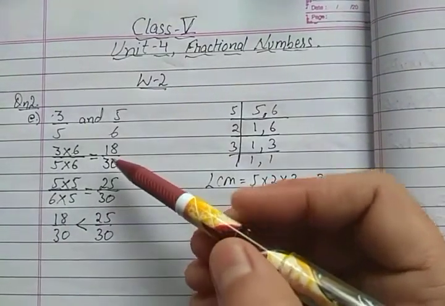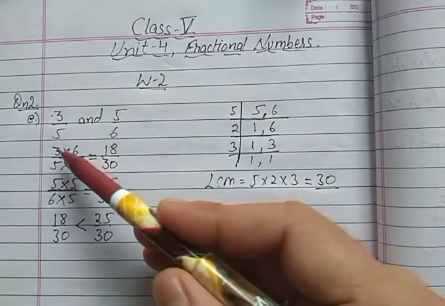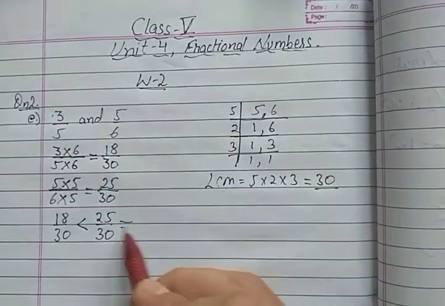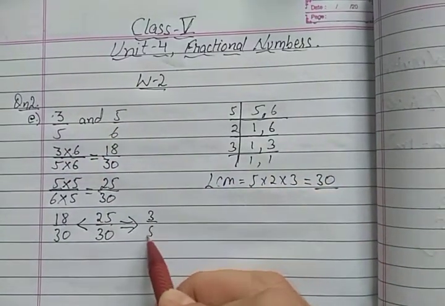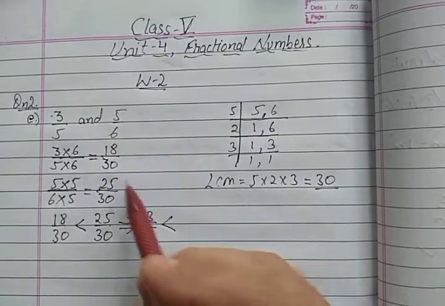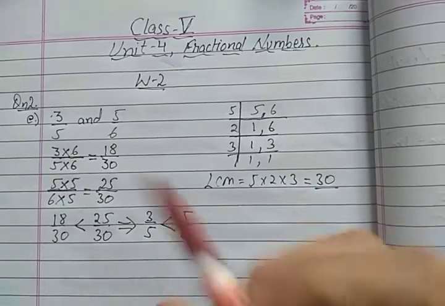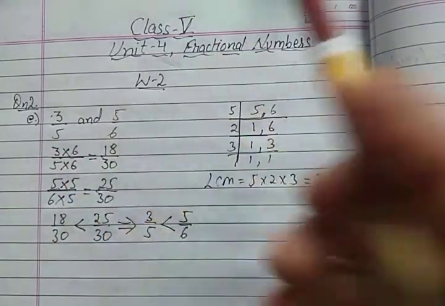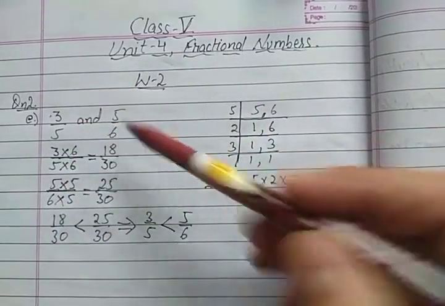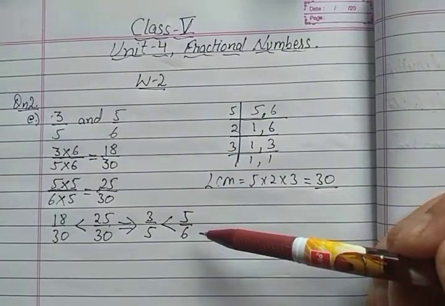Now what was 18 upon 30 made from? From 3 upon 5. So we can write 3 upon 5 is less than 5 upon 6, from which 25 upon 30 was made, because we have to compare these two fractions. So we have to give the answer in these same two fractions. So this is the answer.